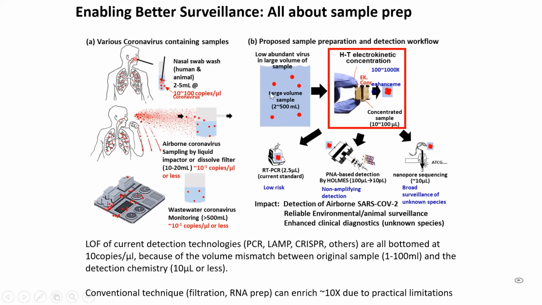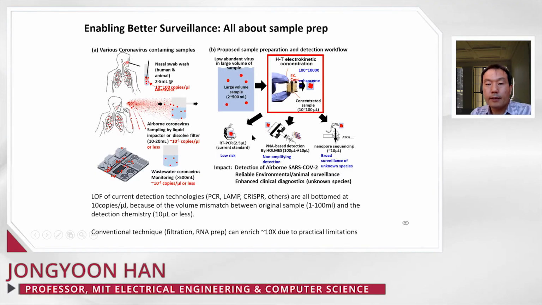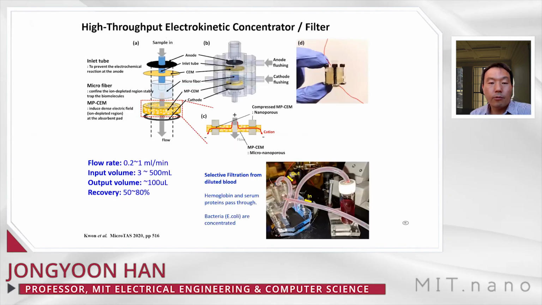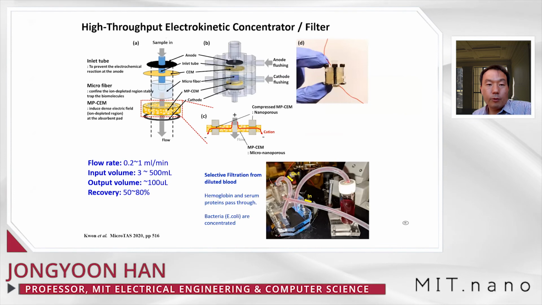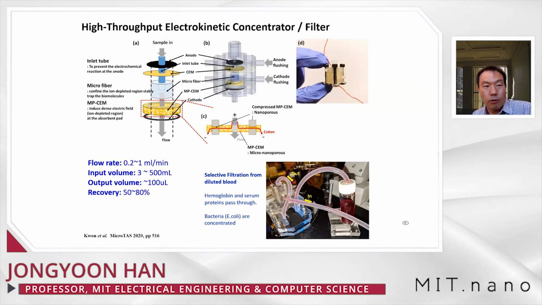So if we can somehow bridge this gap, if we can concentrate this rare target into a smaller volume, such as a microliter or 10 microliters, we can do much better, much more specific detection and surveillance, even detection of unknown samples by sequencing. We have been working on this idea, which I define as a high-throughput or large-volume concentrator.